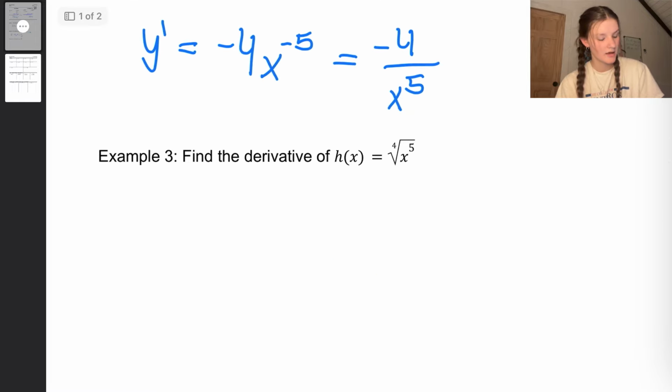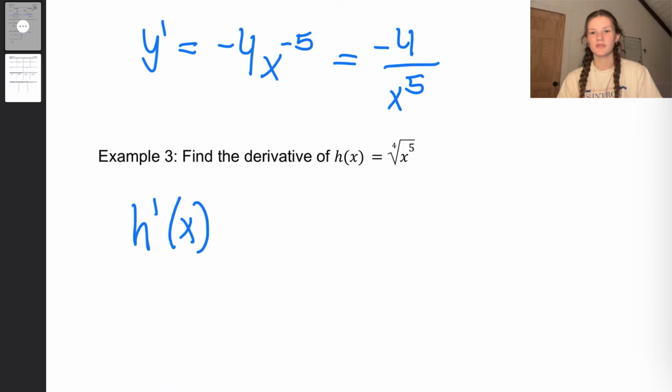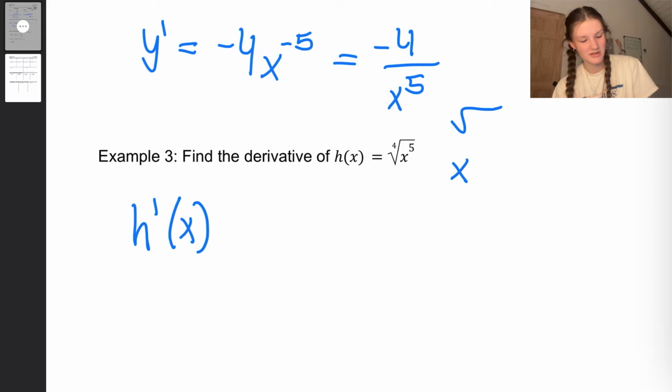Okay. H, the derivative of, I always want to say h inverse of x, which is really bad because I have to stop myself every single time. Okay, what is the 4th root of x to the 5th? Is that how you would say it? We just know, because what's square root of x? That's x to the 1/2.